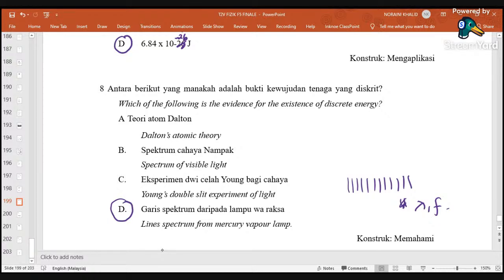When white light is dispersed through a prism, you get a continuous spectrum: red, orange, yellow, green, blue, indigo, and violet. That one is a continuous spectrum. Radiation emitted from excited electrons produces a line spectrum, so the line spectrum shows the existence of discrete energy.